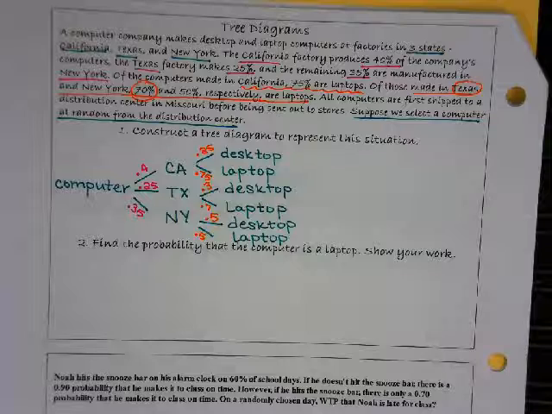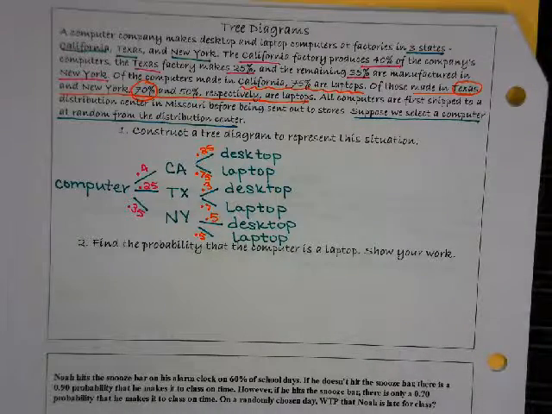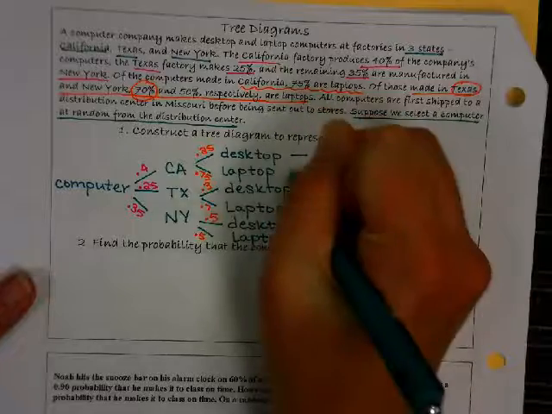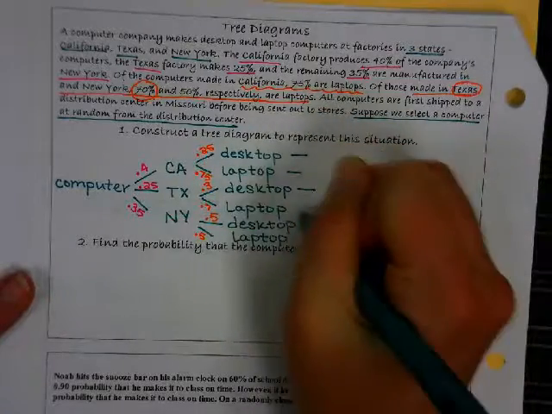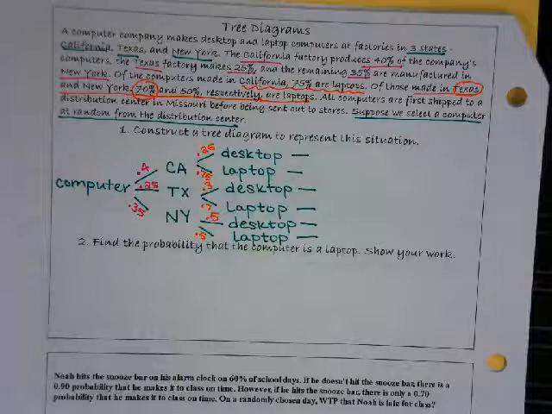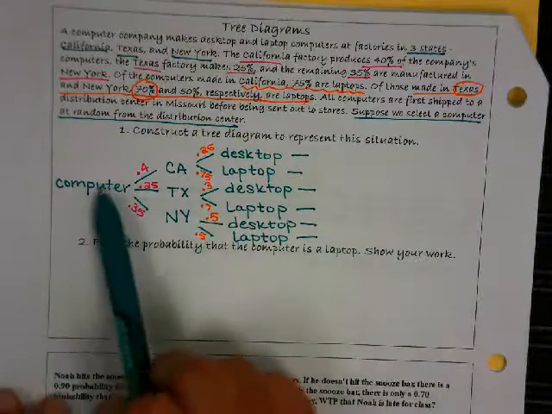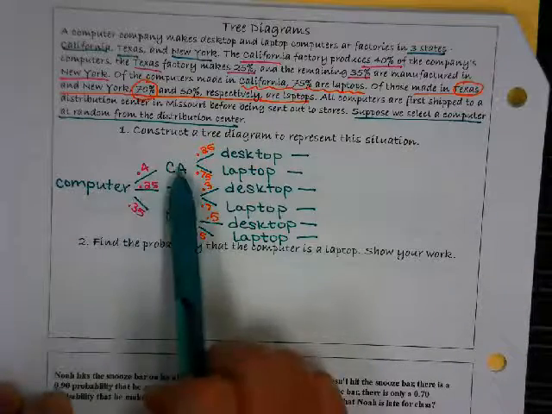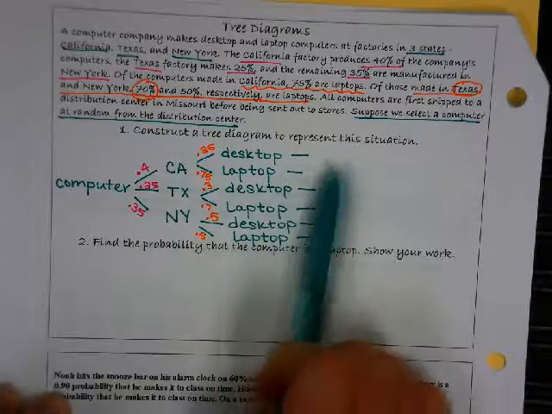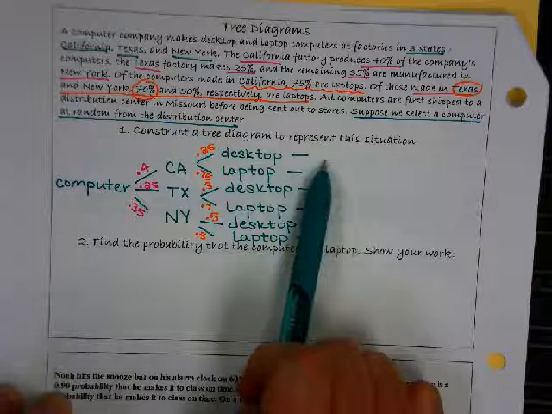And then we're going to have our last branch that goes out and gives us the total for each one. So if I were to choose a computer and it came from California and was a desktop, this number here is going to tell me the probability that it was a desktop from California.